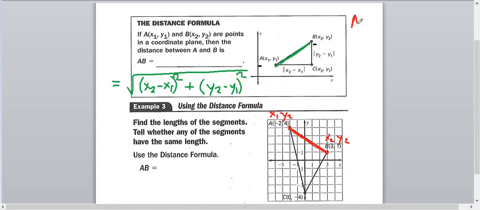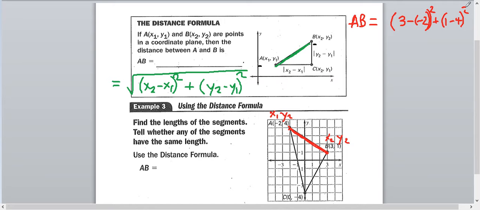So the distance between A and B is the difference of the x's, so 3 minus a negative 2, and that's squared, plus my difference of my y's, which is 1 minus 4, which is squared, and then I take the square root of the whole thing.